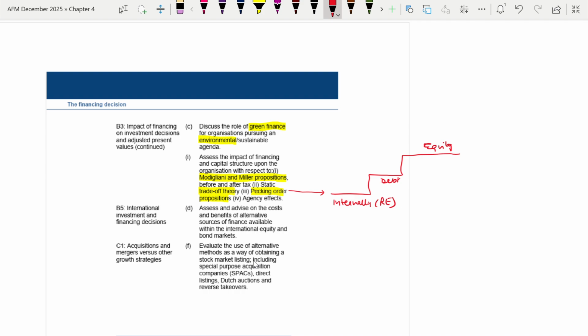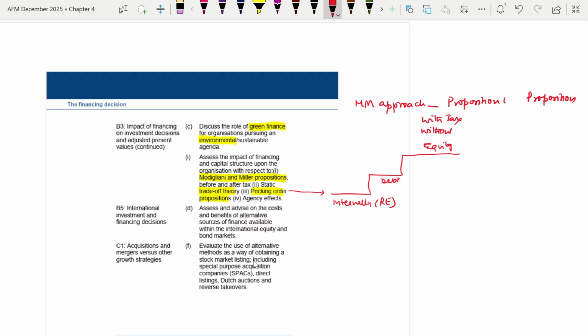You have the Modigliani Miller approach, the MM approach. They have proposition 1 and proposition 2, with tax and without tax.